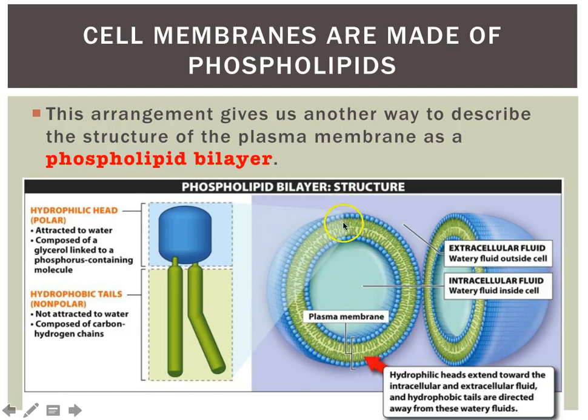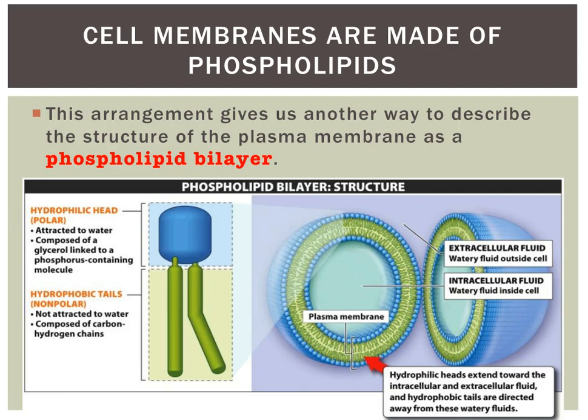And the tails are just attracted to each other, so they form these little regions of attraction in here. And so we get this bilayer of phospholipids. That's why we call the plasma membrane, or the cell membrane, the phospholipid bilayer, two layers. There's a nice video on Blackboard about this if you want some more details.